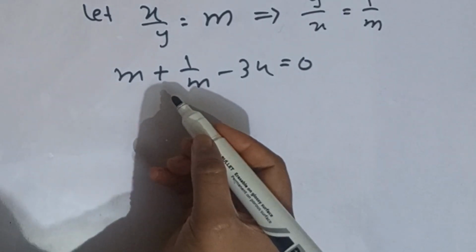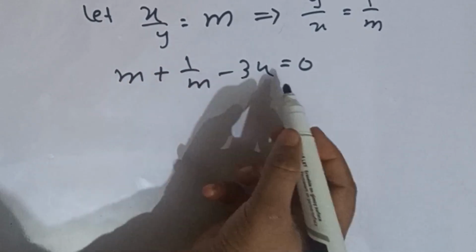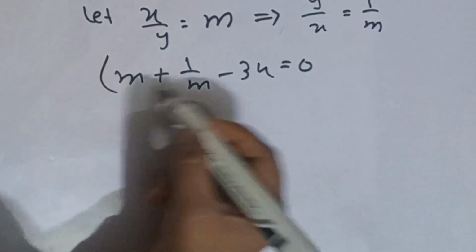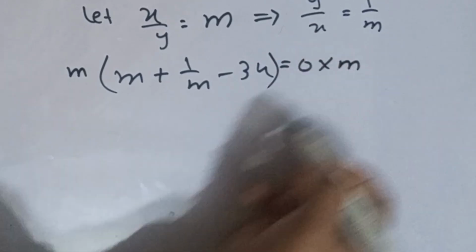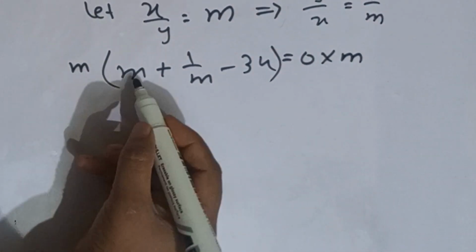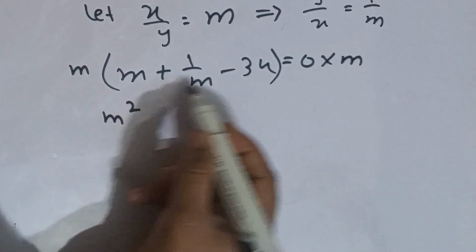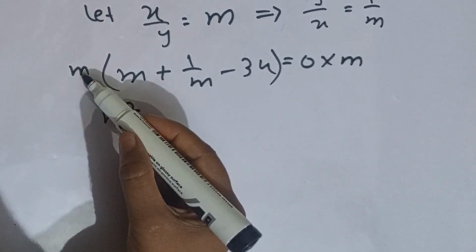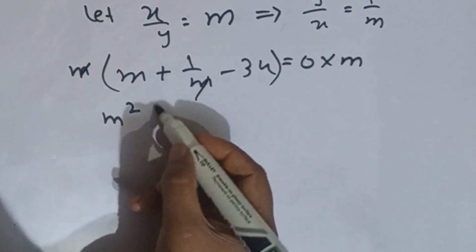Now we multiply this equation by m on both sides. m times m gives m square, and m times 1 over m cancels, so we just get plus 1.